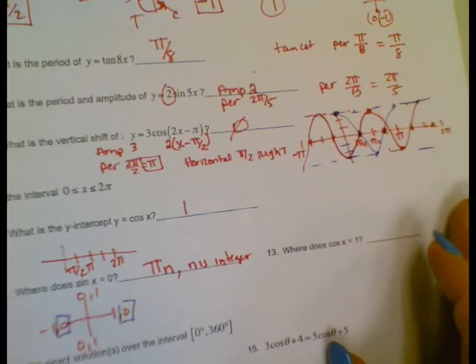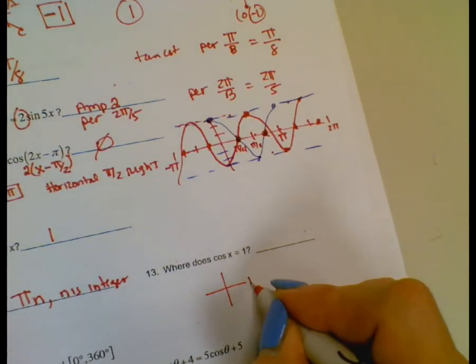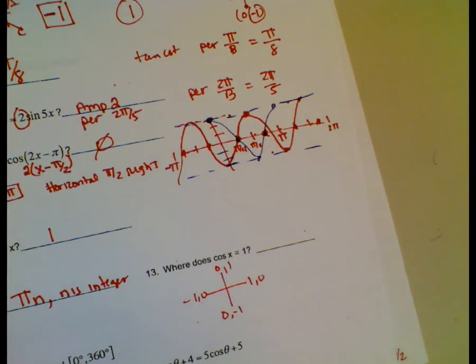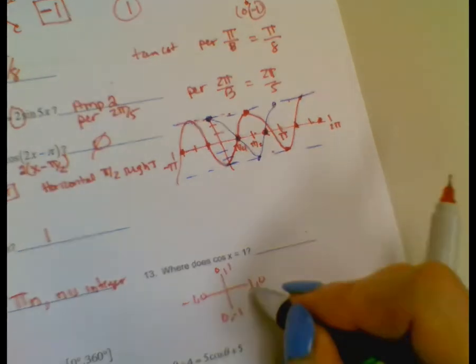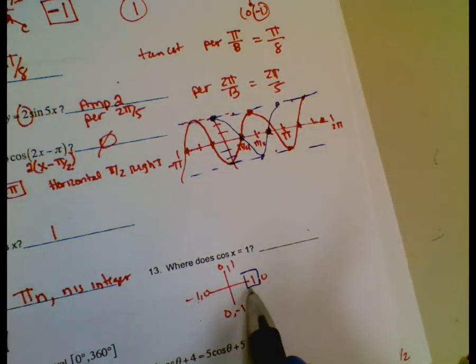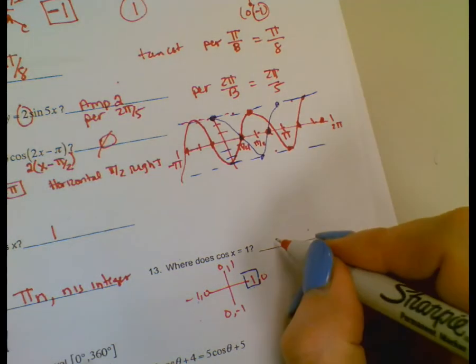Where does cosine x equal 1? So let's look at our unit circle. This is again 1, 0, 0, 1, -1, 0, 0, -1. When is cosine 1? Right here. Now, cosine is not 1 over here. It's only here. So there's a couple ways.